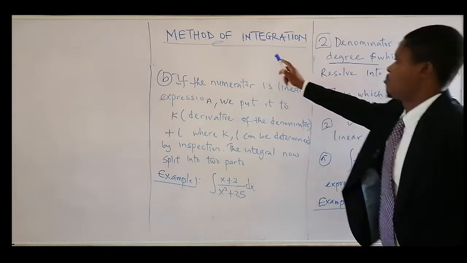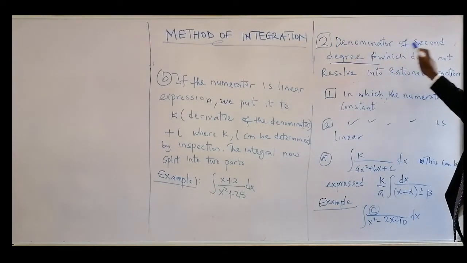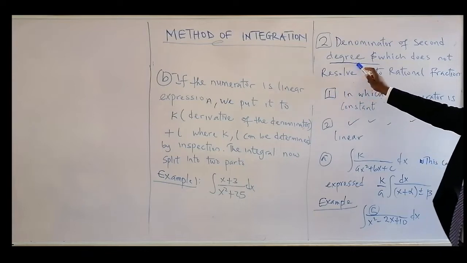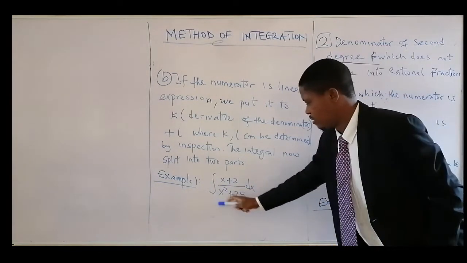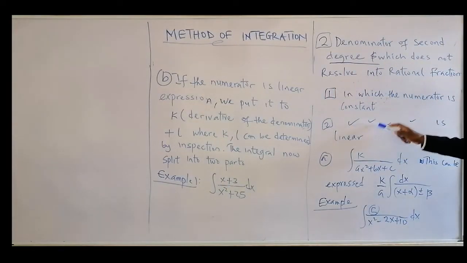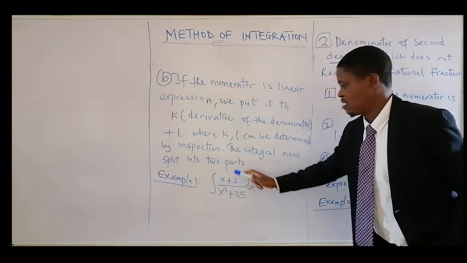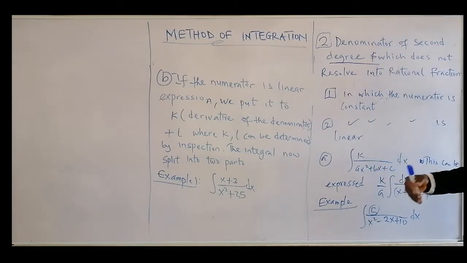We are still in the method of integration, method 2, denominator of second degree, and the case which does not resolve into a rational fraction. If we check this one now, you can resolve it into linear factors. We're looking at case 2 of this method 2, where the numerator is a linear expression.